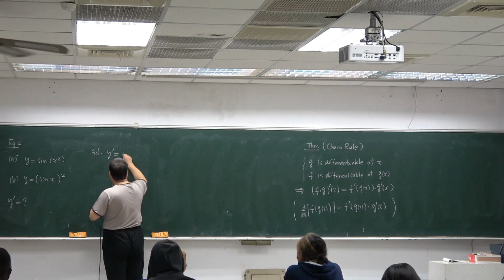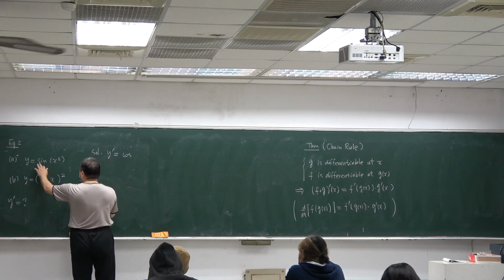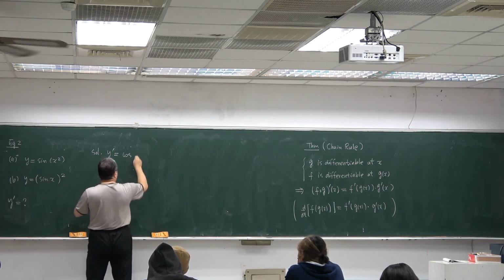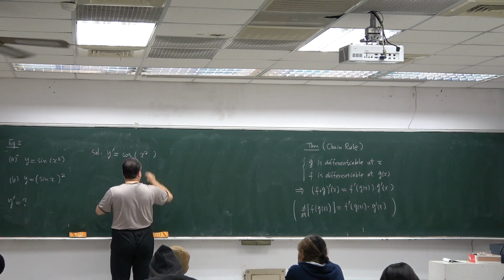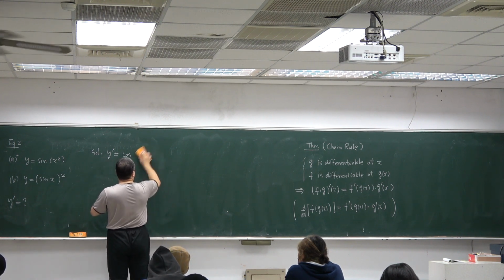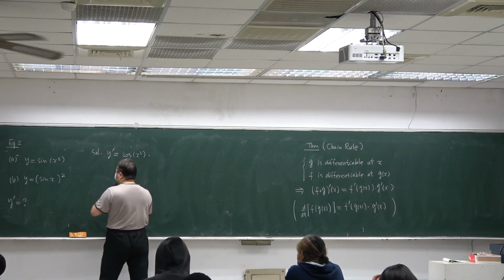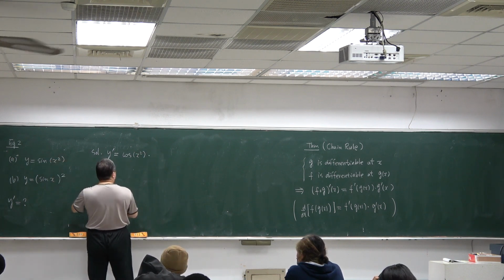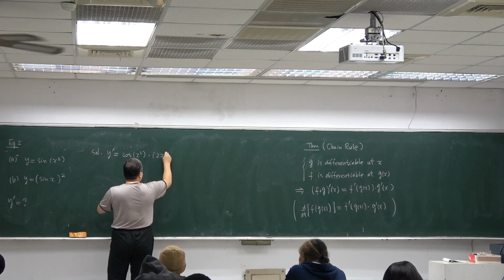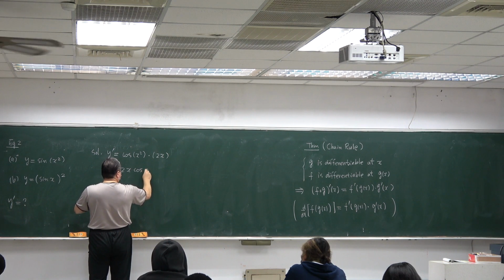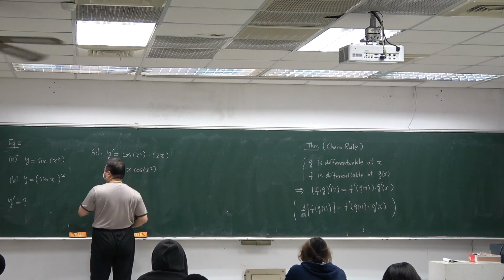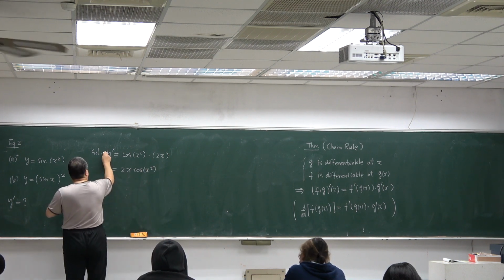We obtain cosine, the last one, at here, times the derivative of this one, 2x. This is a.